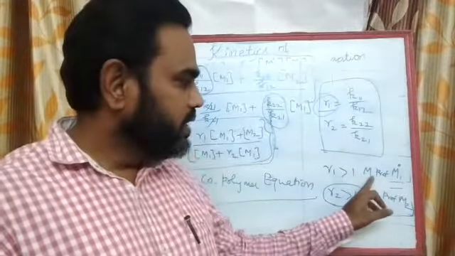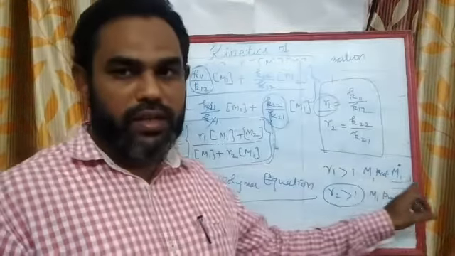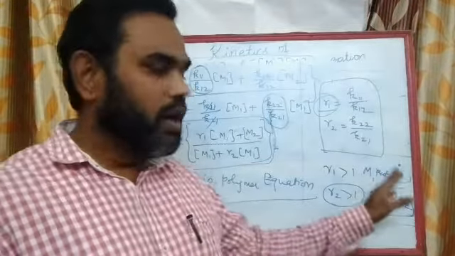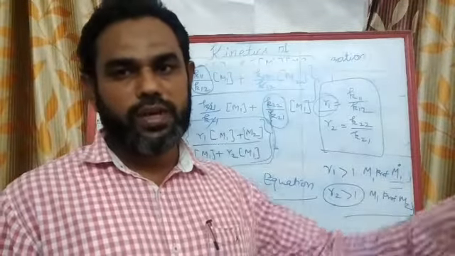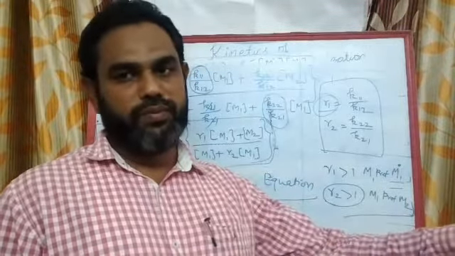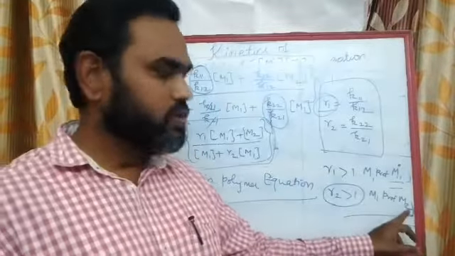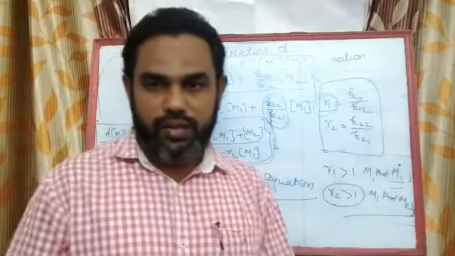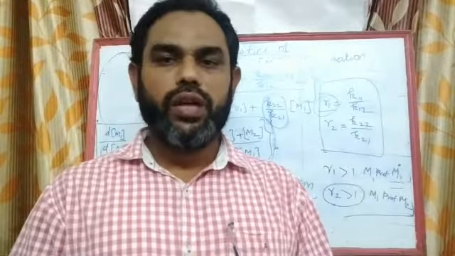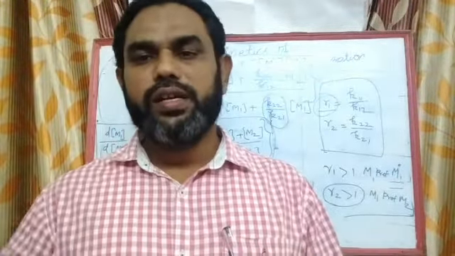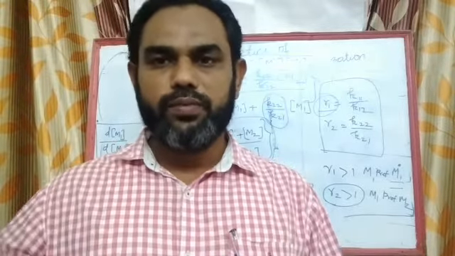In this case, M1 always prefers M1. So in this system, you will have M1, M1, M1, M1, M1 continuously formed. If M1 prefers to add to M2, and M2 prefers to add to M1, you will have M1, M2, M1, M2.